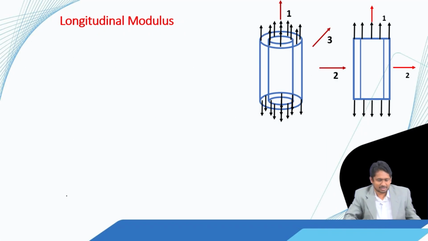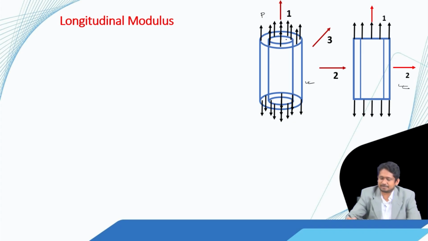Now, let us talk about how we can find the longitudinal modulus using this approach. This is the cylinder that we have as our RVE, and we assume that the cylinder is loaded in the axial direction at the two ends. If I look at the same thing in the 2-3 plane, it will look like that. Let us say that the load applied is P. The load is such that the resultant passes through the center, so that it does not cause any eccentricity.